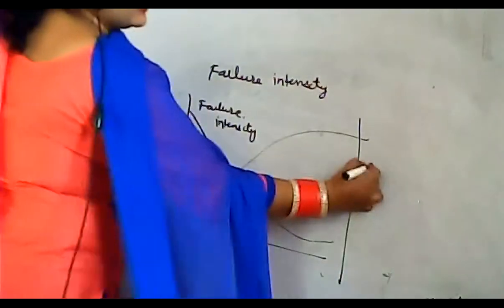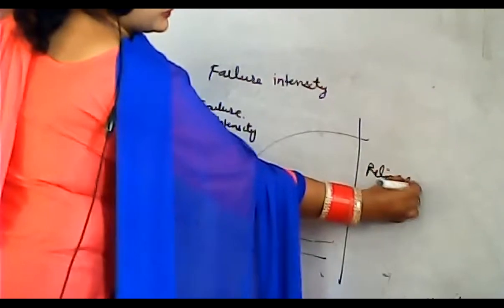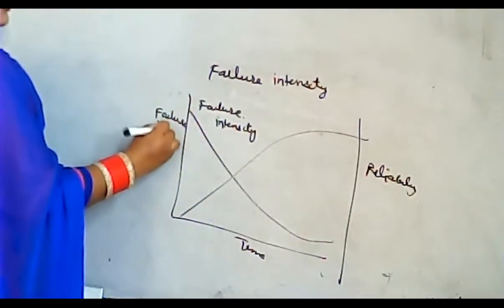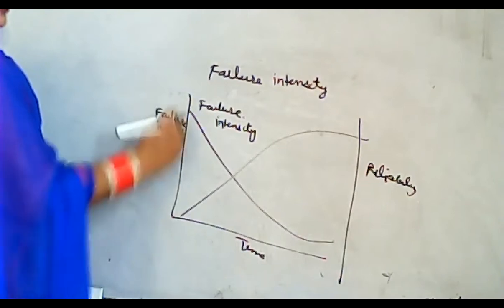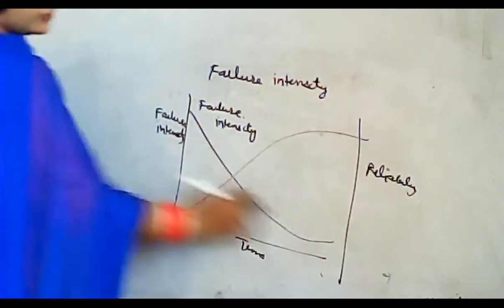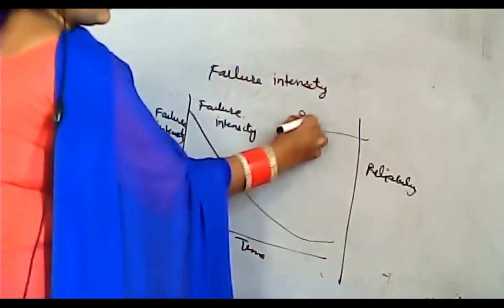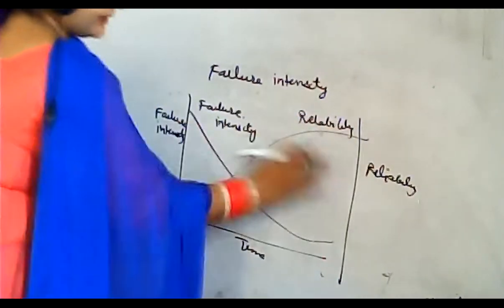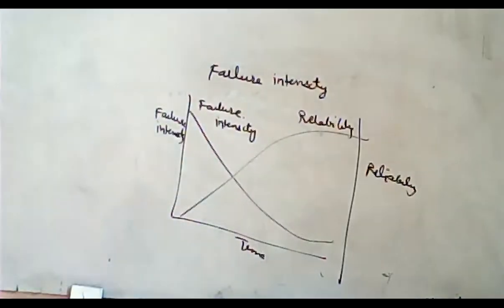This is the reliability, and this is the failure intensity. So the failure intensity curve is like that with respect to time, and the reliability will be this. If the intensity decreases, reliability increases with time. So this is the relationship between failure intensity and reliability.